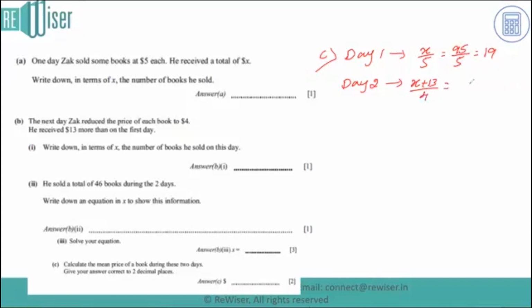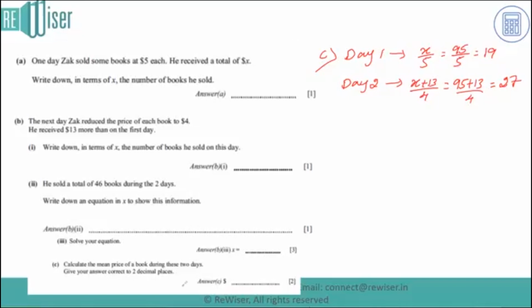So the number of books that we have sold would be 95 plus 13 over 4. This is going to give us 27. So on day 1, he has sold 19, and on day 2, he has sold 27.